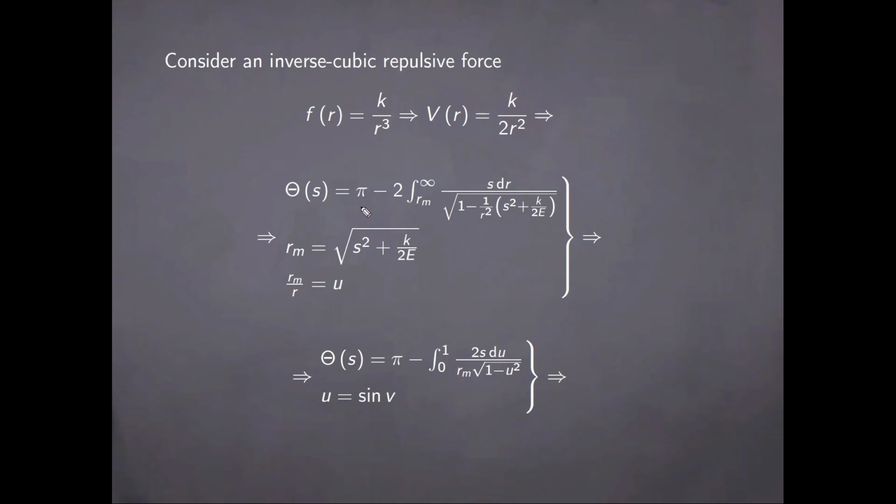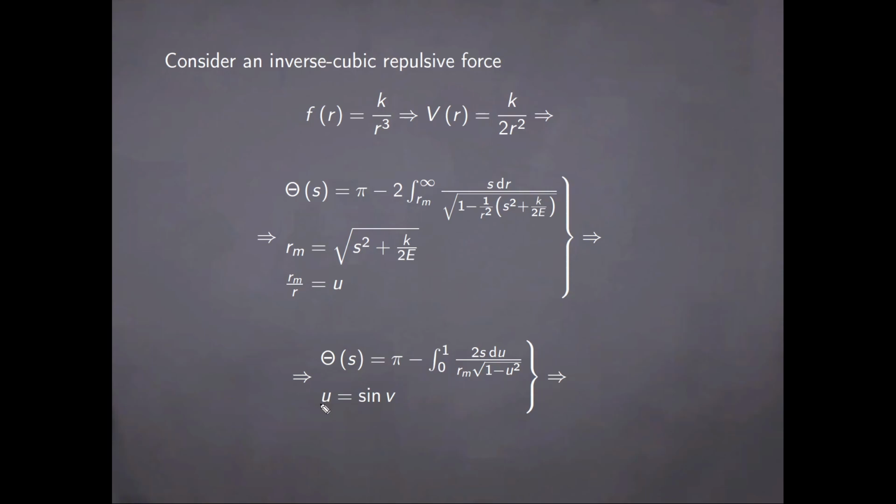And then for one thing, we solve the conservation of energy for the perihelion radius, and we use this change of variables in order to rewrite the result here in this simpler form, involving a much more manageable integral.